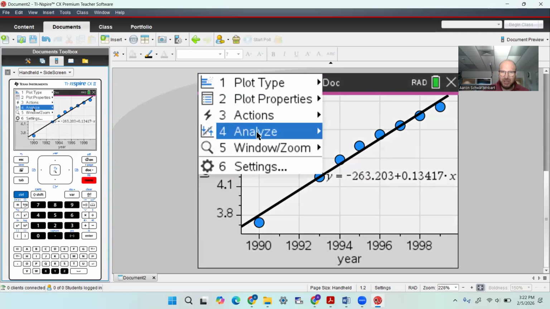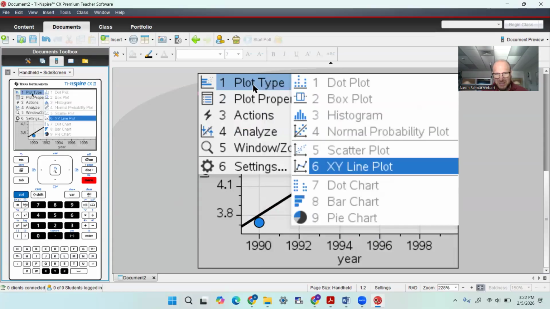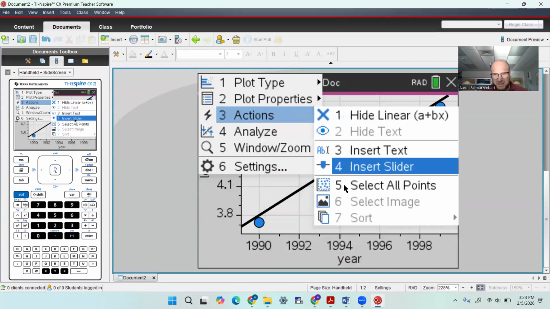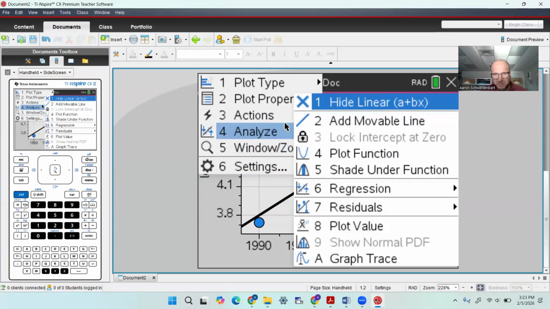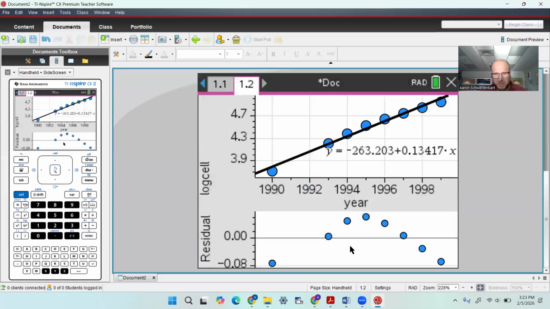Remember, it's always a good idea to look at my residual plots. I'm blanking on showing the residual. Oh, residuals, show residual plots.